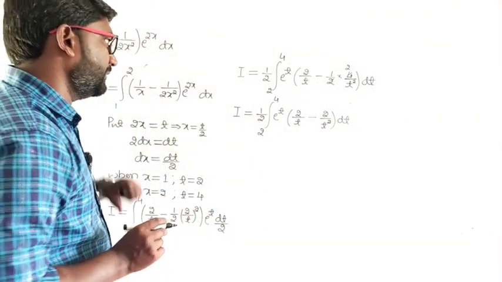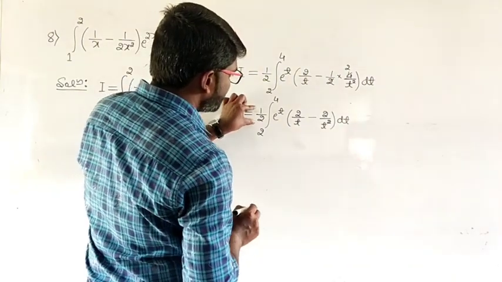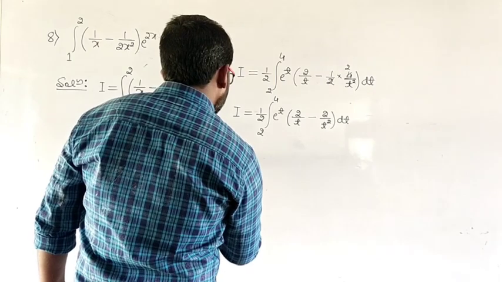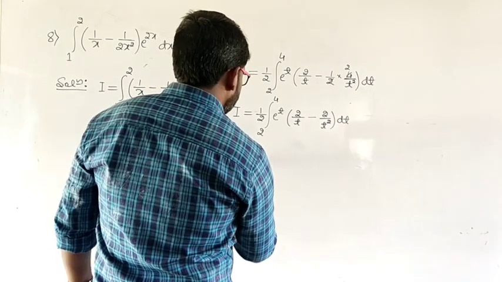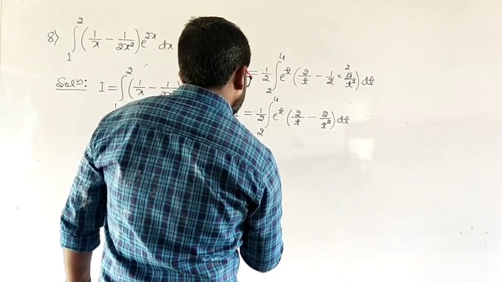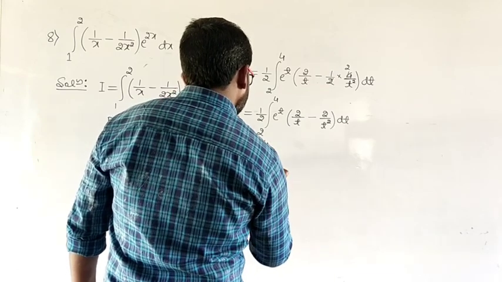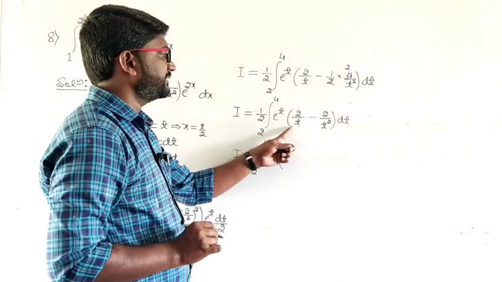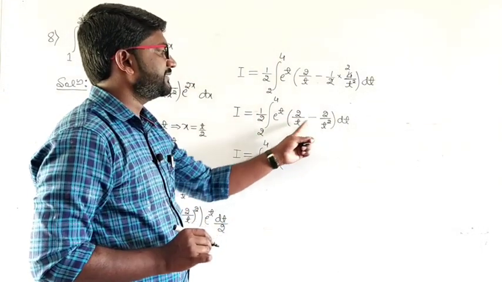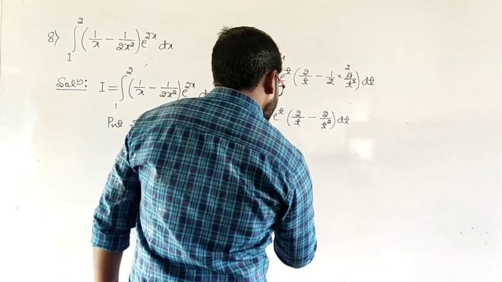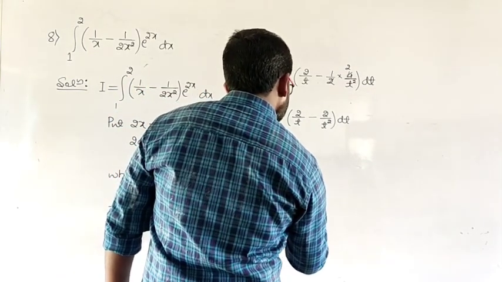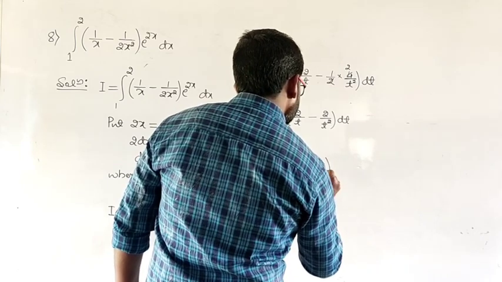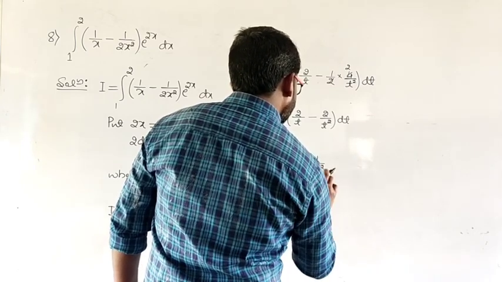dt. So now I multiply this 1 by 2 with the first term as well as with the second term. I is equal to the integral from 2 to 4 of e power t, then inside the bracket, if you multiply this 1 by 2 inside, in both cases the 2 gets cancelled. We have 1 by t minus 1 by t square into dt.